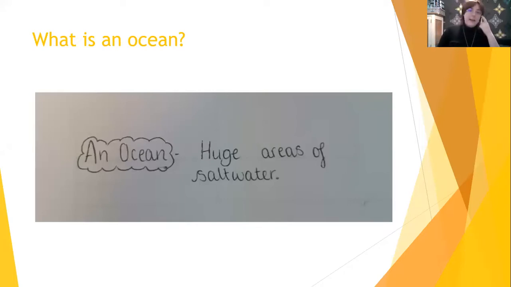And it makes up over 70% of the Earth's surface. That's huge. So an ocean is a really, really big bit of salt water. So could you pause that and write down what an ocean is, please?